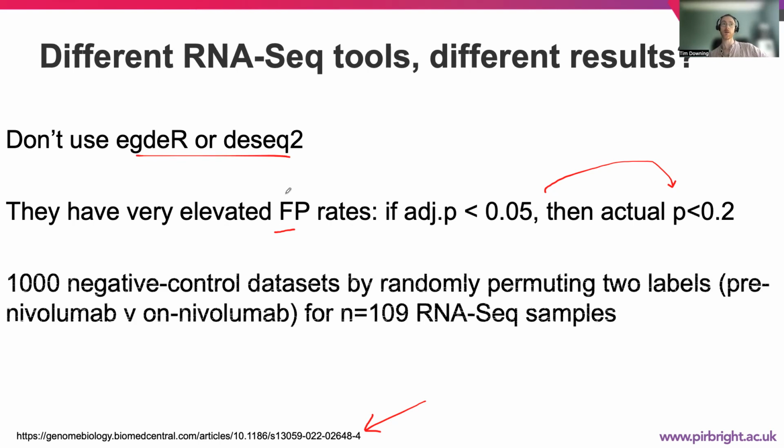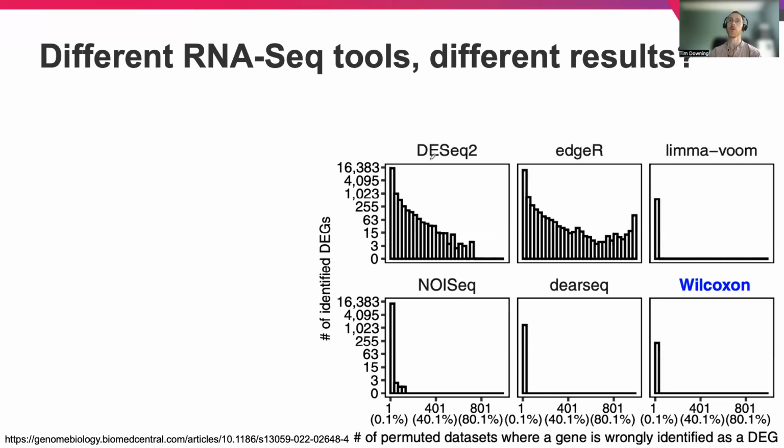In this study, what they did is they looked at 1,000 negative control data sets by permuting two labels, with and without treatment, for 109 different samples. And what they can see is that there are particular tools, DESeq2 and edgeR, where you see very high rates of false positives. So you can see here, this is the number of permuted data sets out of 1,000 where the gene is wrongly identified as differentially expressed, and this is the total number of differentially expressed genes that are found.